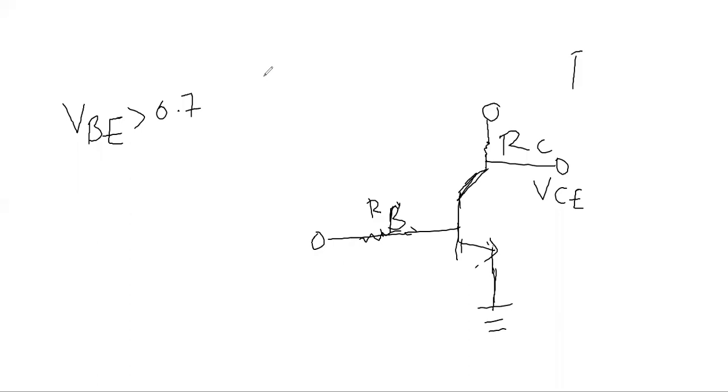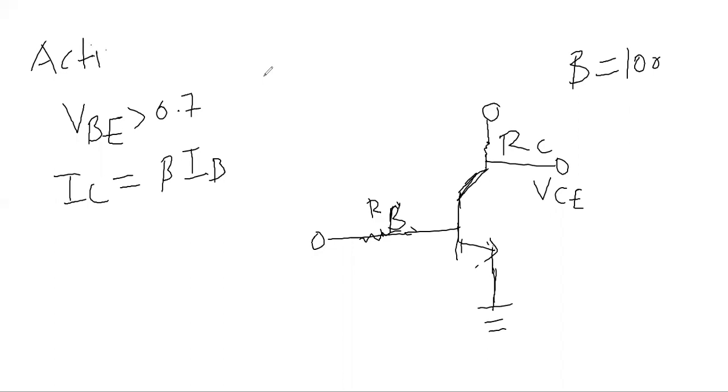For example, we define beta for this as 100. So VB is greater than 0.7, so it will have some IC. IC is beta into IB. So that is current gain. So this is the active region.